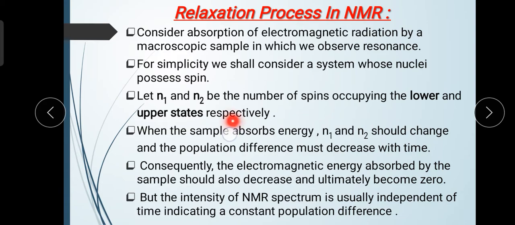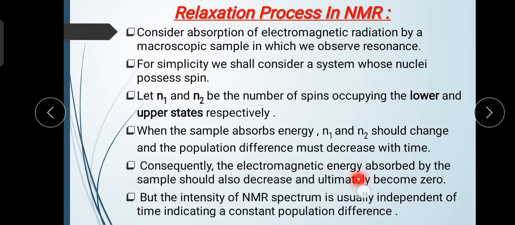But in the presence of other parameters, like here the absorption of the electromagnetic radiation, this population gets disturbed and there is a population difference, and this difference decreases with time, but this happens only when there is absorption of energy by the sample. So there is a change in the N1 and N2 values, that is the number of spins occupying the lower energy level and the number occupying the upper energy level. So the population difference must decrease with time.